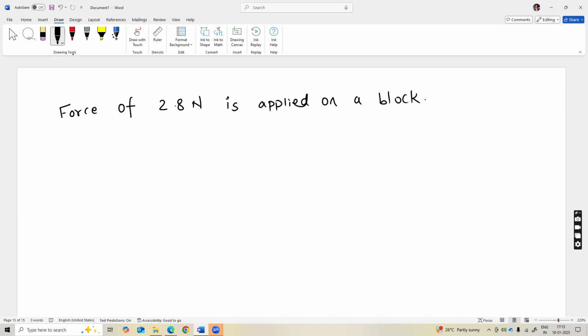And one more thing: this block is 2 kg. Acceleration due to gravity is 10 meter per second square, and the coefficient of friction is 0.4.